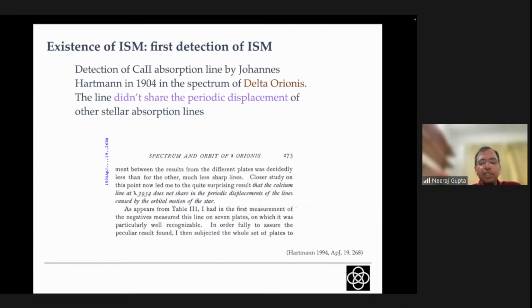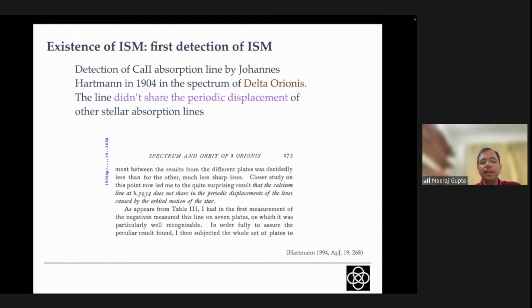But in addition to these various absorption lines, they identified a particular set of absorption lines which corresponded to a calcium doublet, which means a set of two absorption lines which did not share this periodic motion. So this was a clear indication that it is arising from gas which is not associated with the star, but is between the star and us. And the most probable place was that it's actually coming from the interstellar medium of our galaxy.